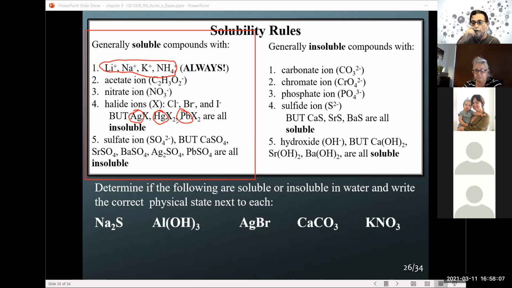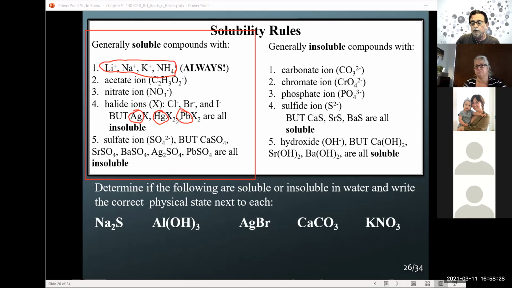See how that works? Of all the compounds in the world, so to speak, there's only 3 halides that are insoluble in water. That is silver halide, where the X represents either the chloride, the bromide, or iodide, the mercury halide, and the lead halide.